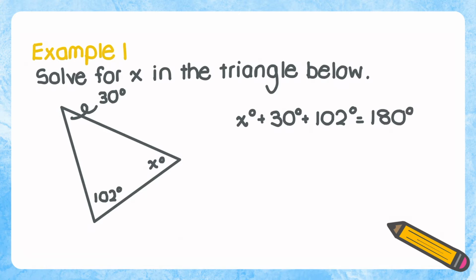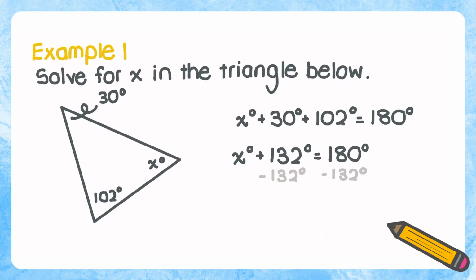And let's simplify this. x degrees plus 30 plus 102 is 132 degrees equals 180 degrees. To solve for x, we subtract 132 degrees on both sides.